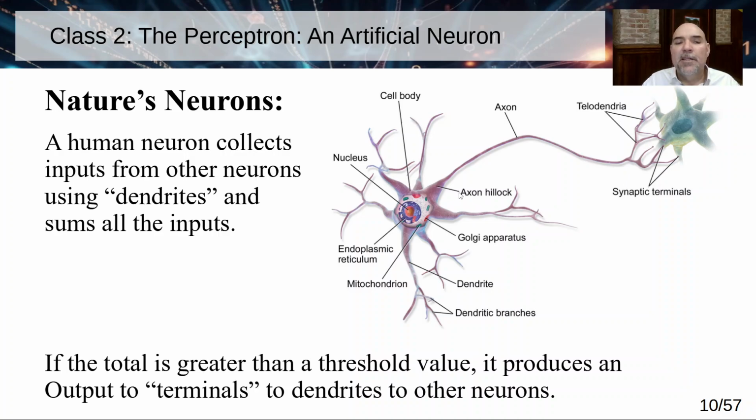So the idea is all of those inputs from the dendrites get pulled in. They're summed in the cell. In other words, they're all joined together into this one signal that travels down the axon. And what the axon does is, when the amount of that reaches a certain threshold, it fires the signal across that then gets branched out to these synaptic terminals that then connect to other cells.